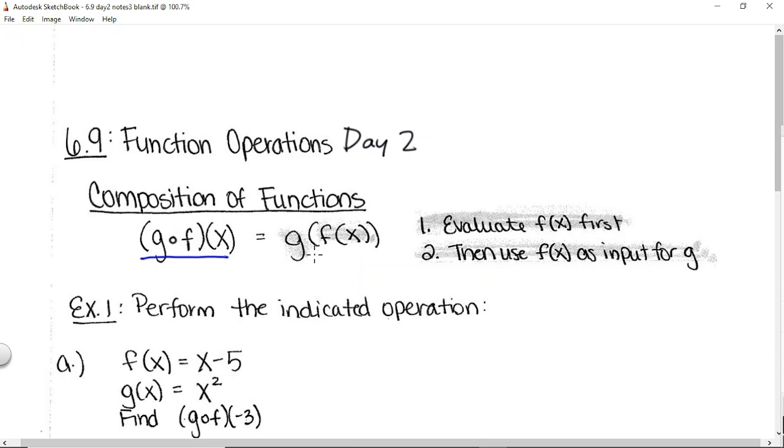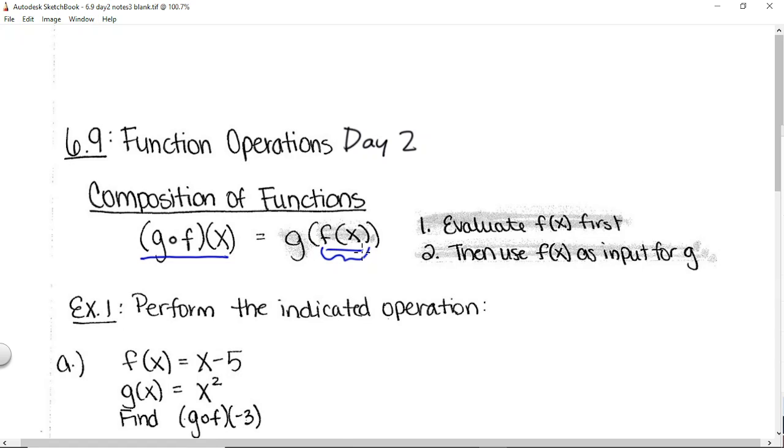If we just look at this, looking from the inside out, we have here, of course, f of x, right? But if we look at this, f of x is the input to g, right? So f of x is this thing here, and that's evaluated and is the input to g.